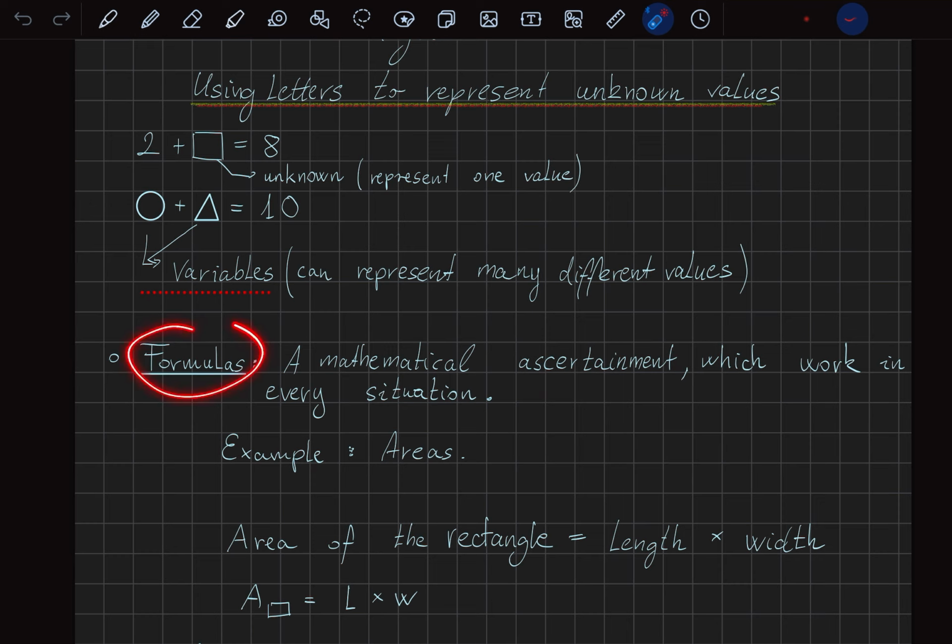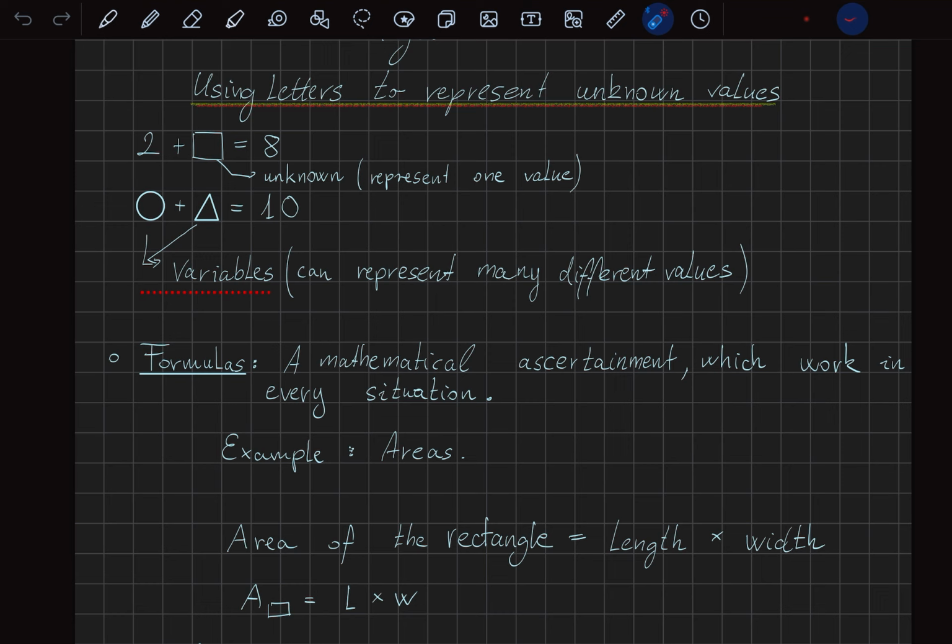Next thing is the formula. A mathematical statement which works in every situation. This is my own definition. So a formula is something that we can use anytime.